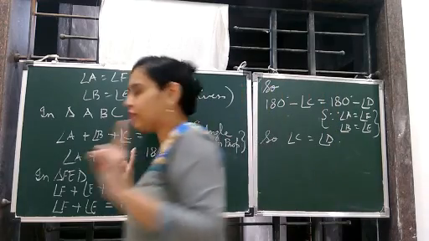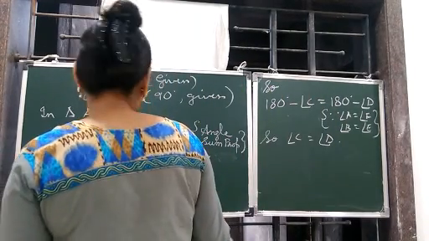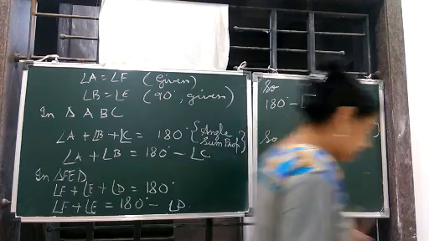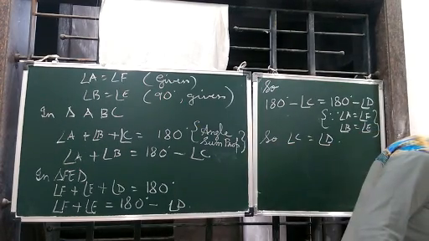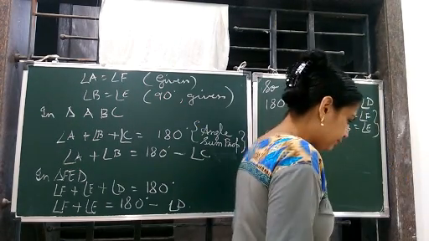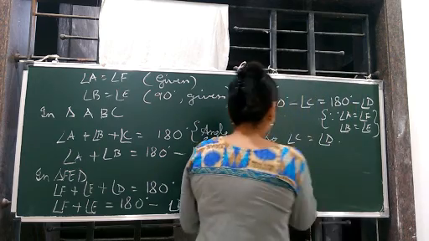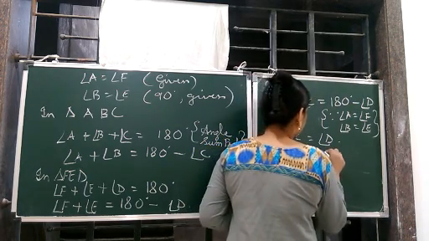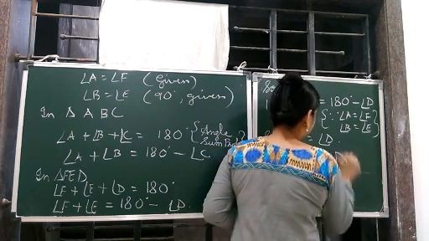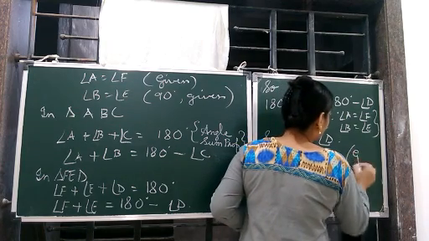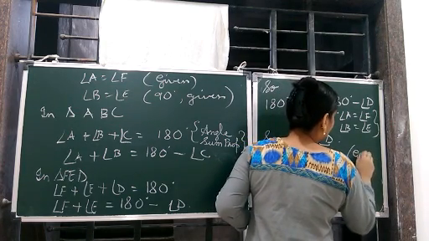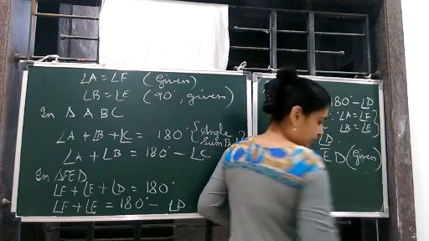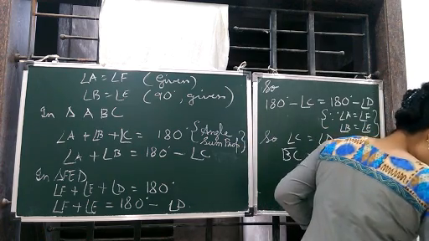Got it? Now since we have proved angle C is equal to angle D, and what is given in the figure? I removed the figure. BC is equal to ED, it is given.